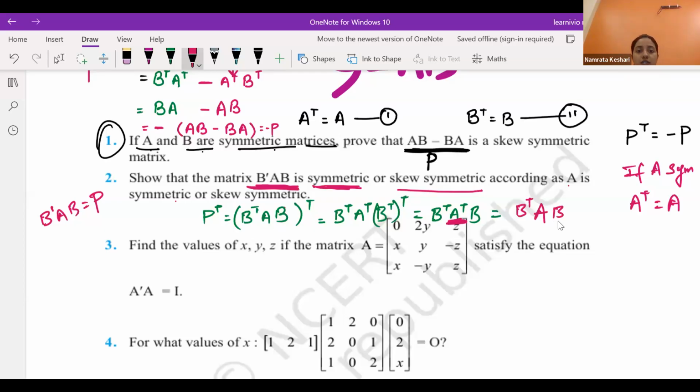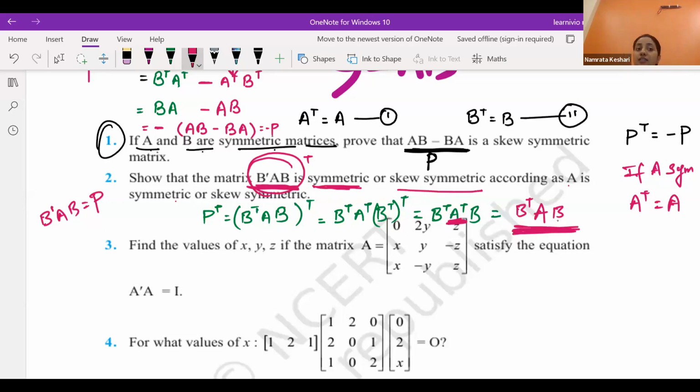So can we see we ended up getting the same matrix? We started with the transpose of B transpose AB and we ended up getting the same. Can you see, Kiran? Yeah. So if A is symmetric, this circled matrix is symmetric. Can we say that? Yes.